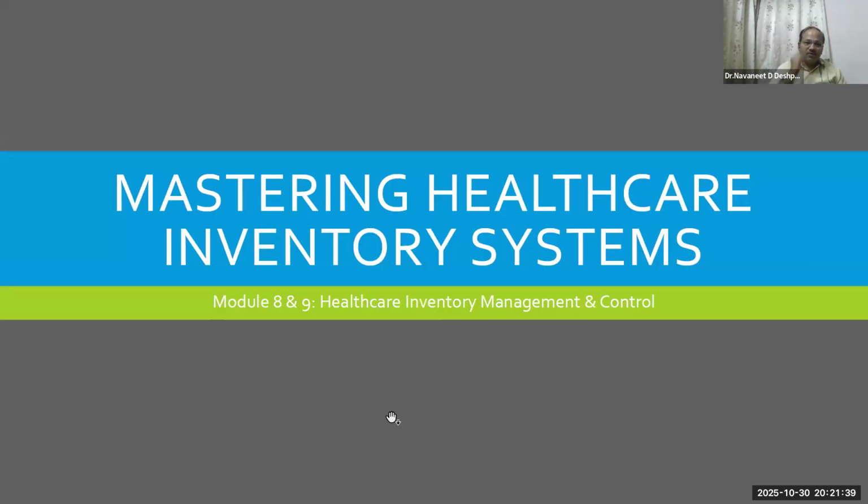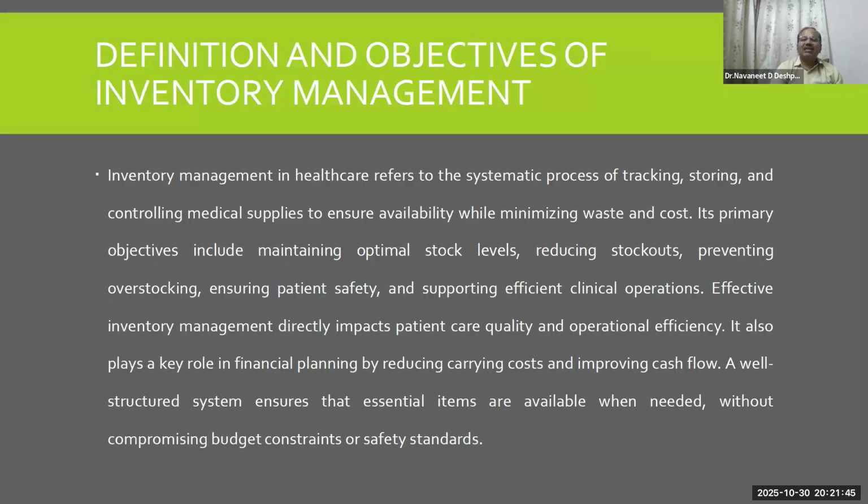Next, we have seen almost all the things so far in mastering healthcare inventory systems. One is inventory management, which we saw previously in supply chain management. It refers to the process of tracking, storing, and controlling. These three things become important: where they have to track, what they have to store, and how they can control the medical supplies to ensure availability while minimizing waste and cost.